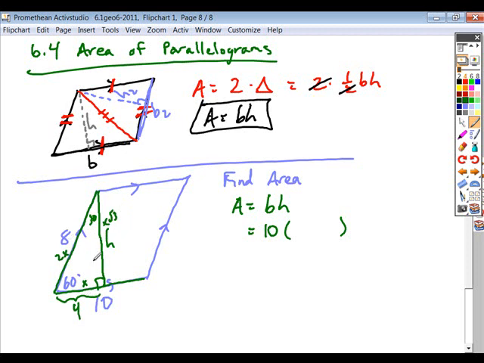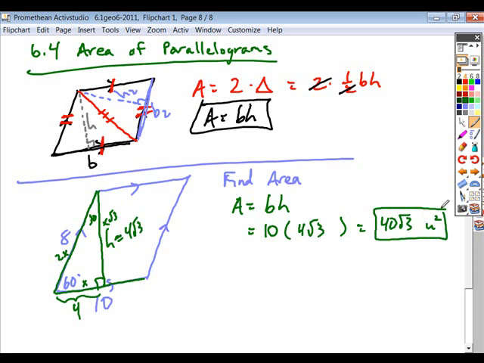And therefore, if the side opposite 30 degrees is 4, the side opposite 60 will be 4 times root 3. So that gives us our height, and we can simply multiply 10 times 4 root 3, 40 root 3. It's an area, so we're measuring in terms of square units. So 40 root 3 becomes our area.